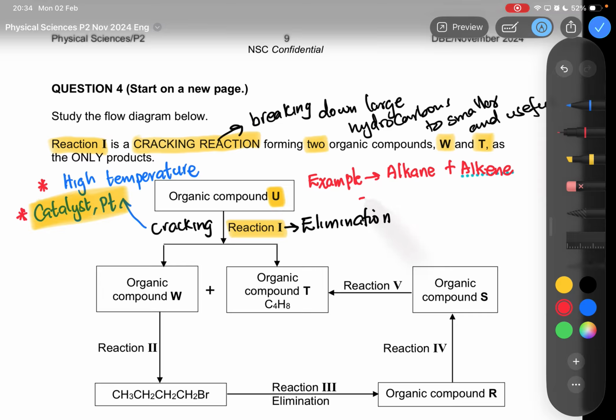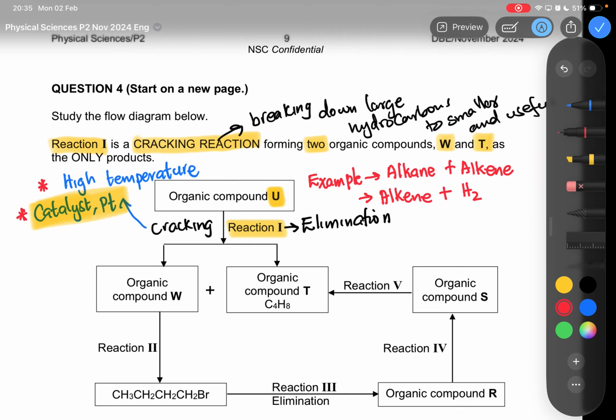If not this one, it will be an alkene plus hydrogen. So these are the two compounds that we should think are possible for this particular reaction 1.